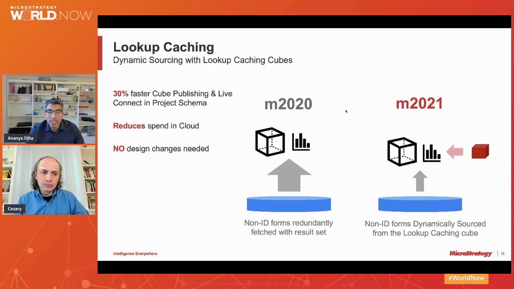To address this challenge, MicroStrategy has delivered a next-generation dynamic sourcing solution with MicroStrategy 2021. Now, for relatively static lookup forms, these lookup forms can be published into a lookup caching cube. This lookup caching cube comes with MicroStrategy 2021 as a new cube template.